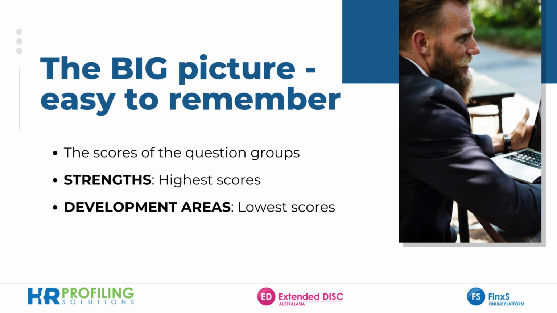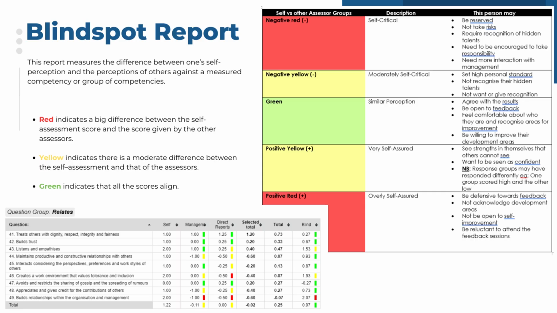Now, it's for that reason that I tend to consult a lot using something called the blind spot, or 360 blind spot report. I tend to love this one. It helps me understand the difference in perspectives. Note that there's another column on the far right-hand side there.